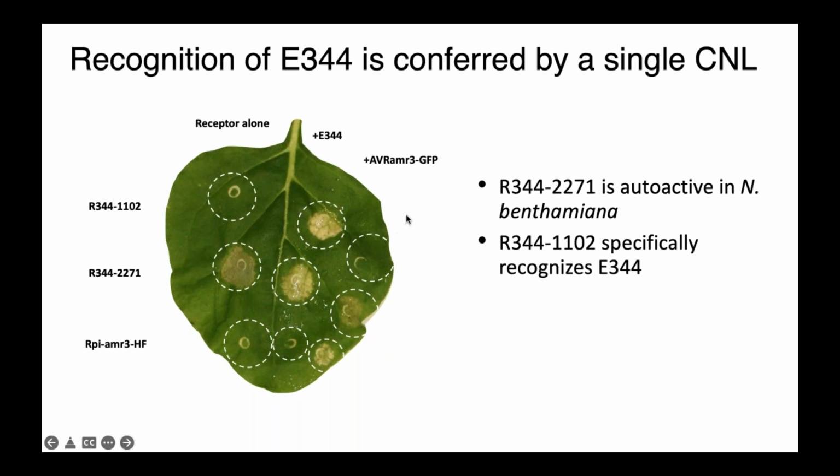So this is good news, and we managed to very rapidly clone this gene. So it's indicative of how we hope for the next few mapping exercises to go. And the question we wondered immediately was whether overexpression of receptor 344 could confer resistance in Nicotiana benthamiana.